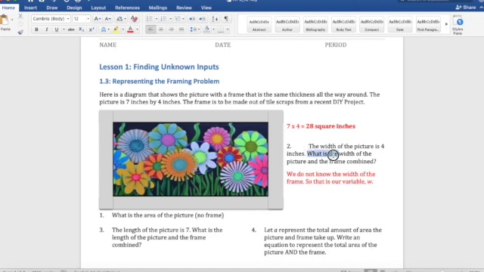So what is the width of the picture and the frame combined? Width is 4, that's the shorter dimension, so width is this up and down. You could also call it height, but we're not going to do that.